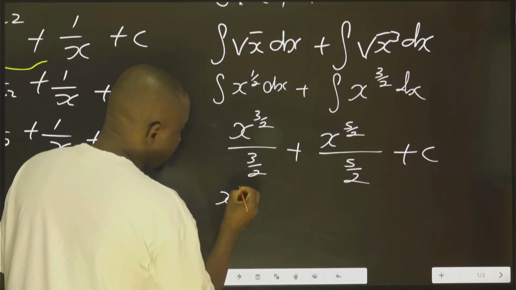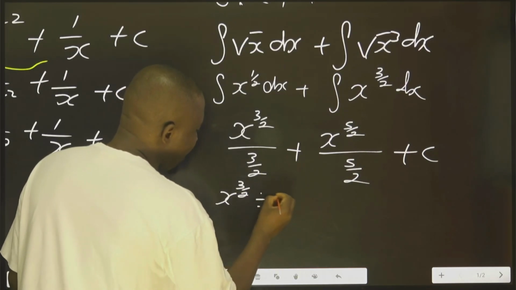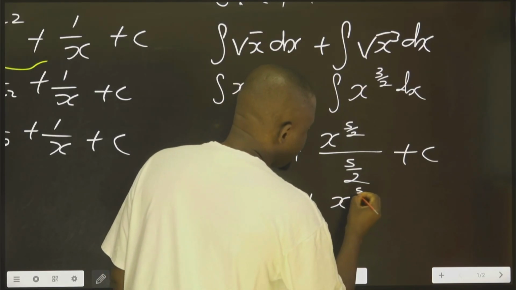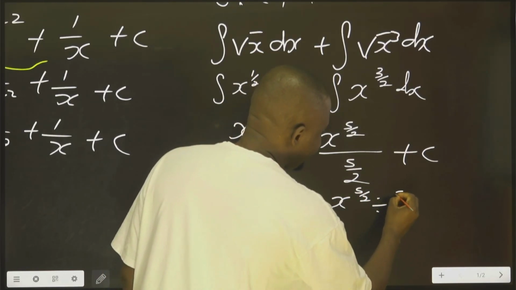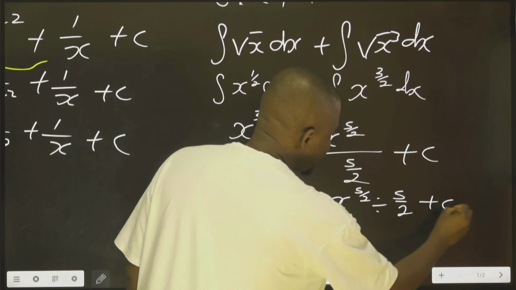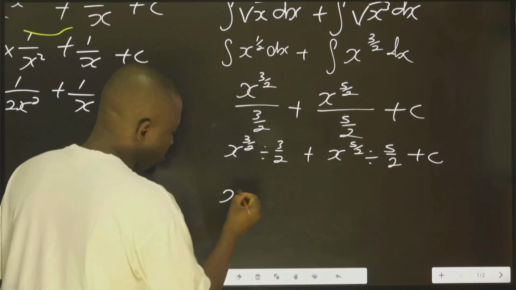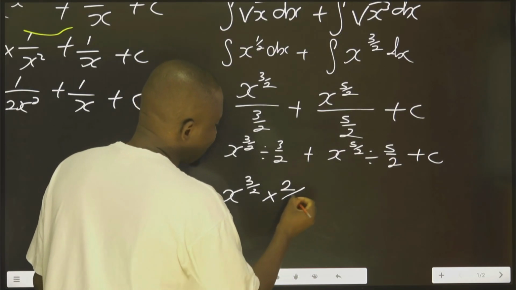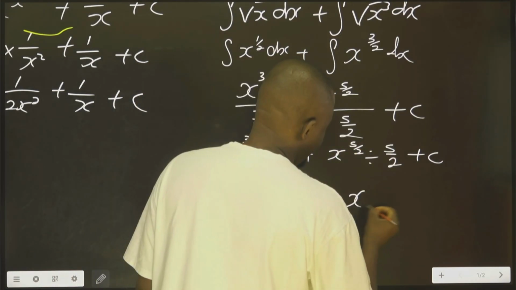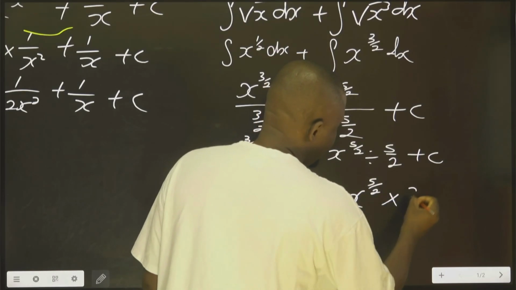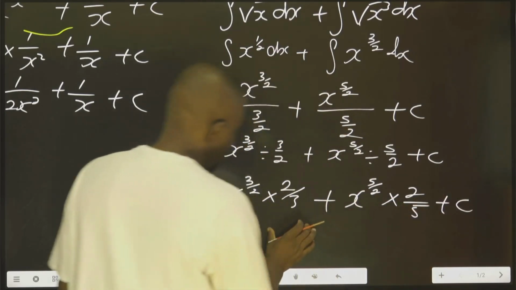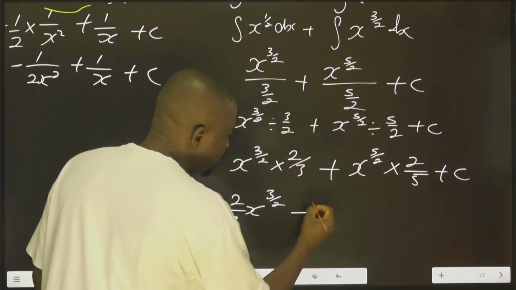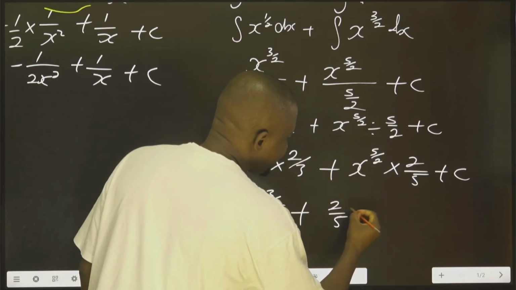Divide by 3 over 2, plus divide by 5 over 2, plus c. Just to show you, this is 3 over 2 times 2 over 3. This is 2 over 5. Then we bring this out to have 2 over 3, 3 over 2, 2 over 5.